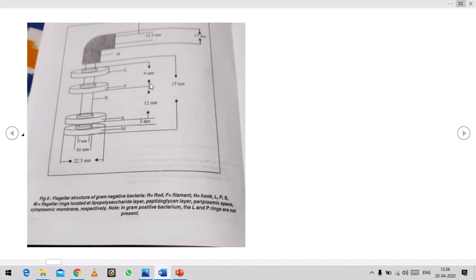The P ring is at the peptidoglycan layer. The S ring is at the periplasmic space. The L ring is located at the lipopolysaccharide layer.